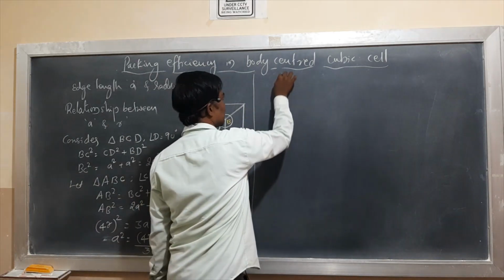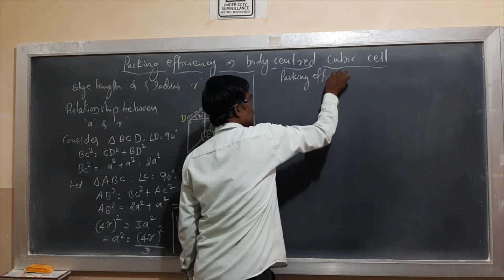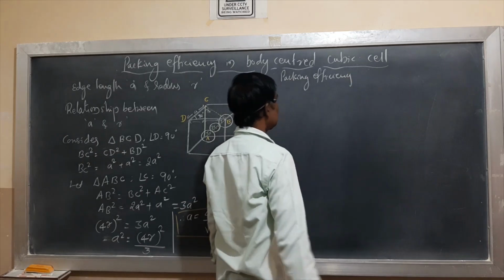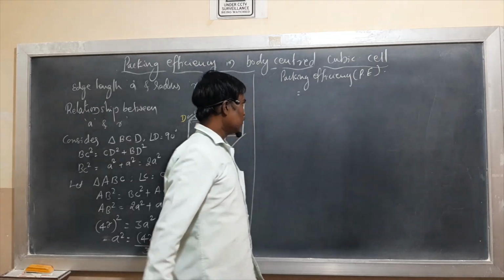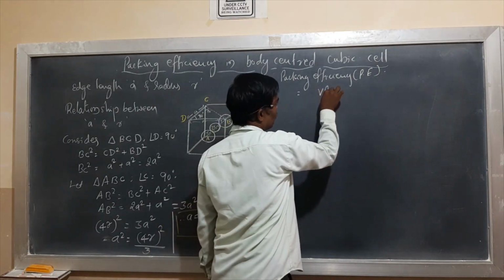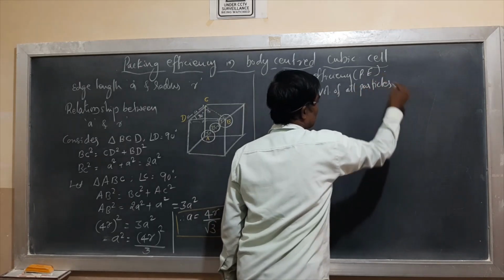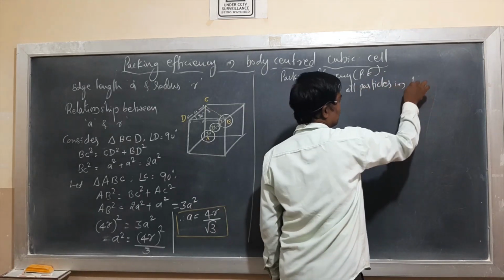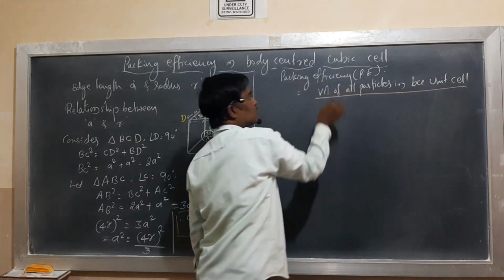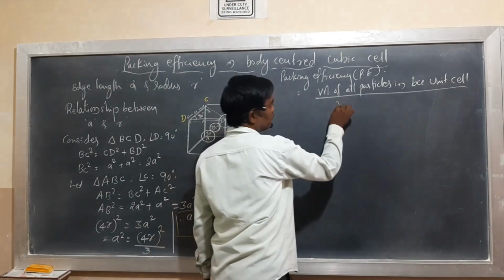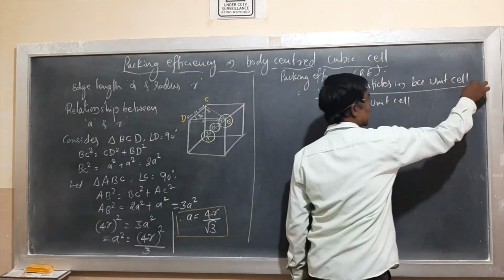The packing efficiency, in short P.E., is equal to, we know the formula, the volume of all the particles in a BCC unit cell divided by the volume of the unit cell, multiplied by 100.